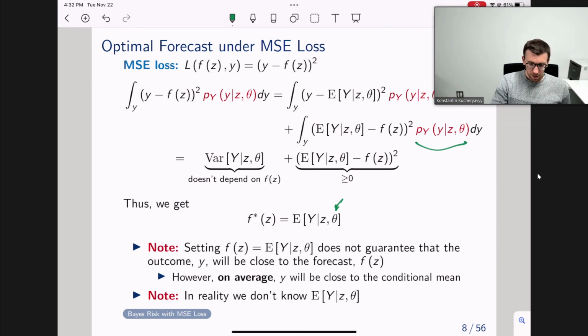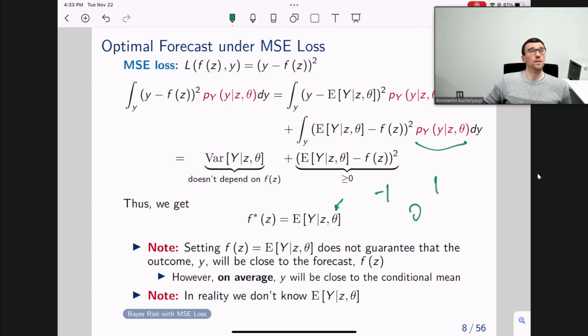Imagine that y's appear as -1 and 1 with equal probability. So suppose we are dealing with a discrete distribution, and we know that, then according to the quadratic loss, our optimal forecast will be 0. And so we never hit y.